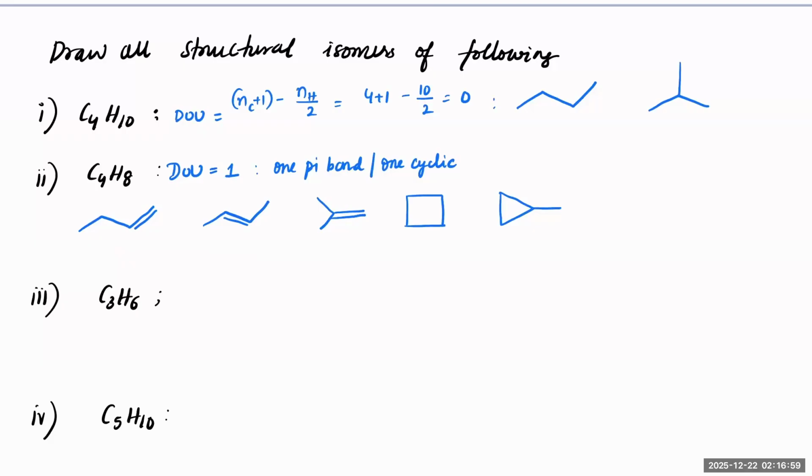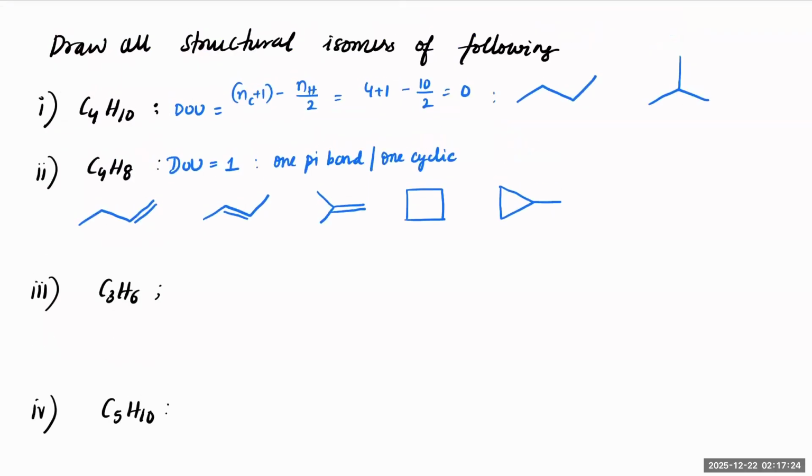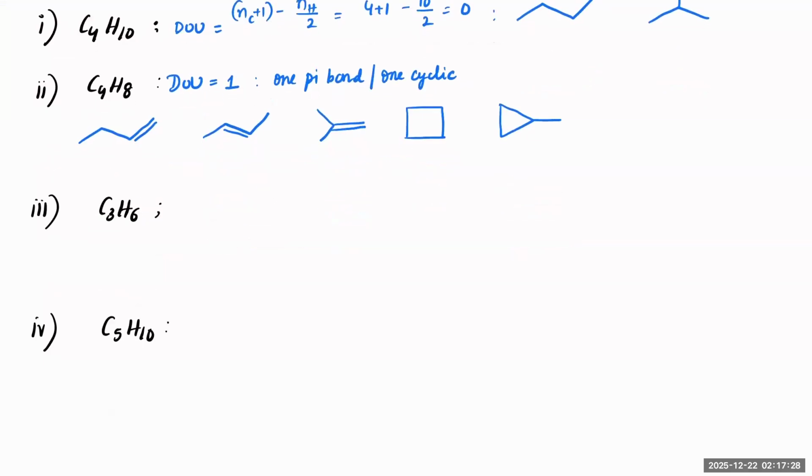These two are the only possibilities with respect to cyclic structure. So I guess this part is understood. Done. Next. So how many total are we getting here? In this case, we will get 5 of them. Okay. Next.